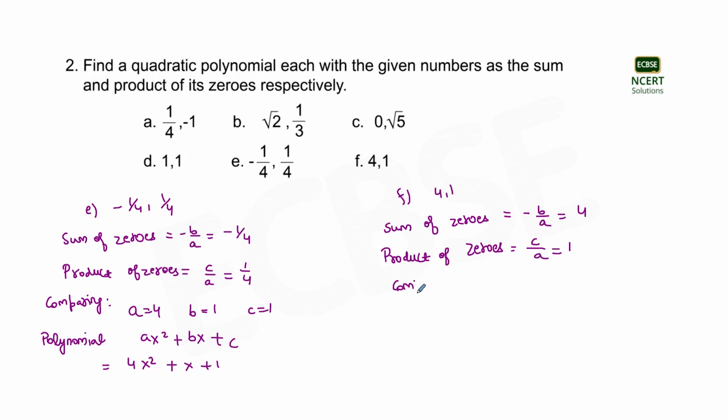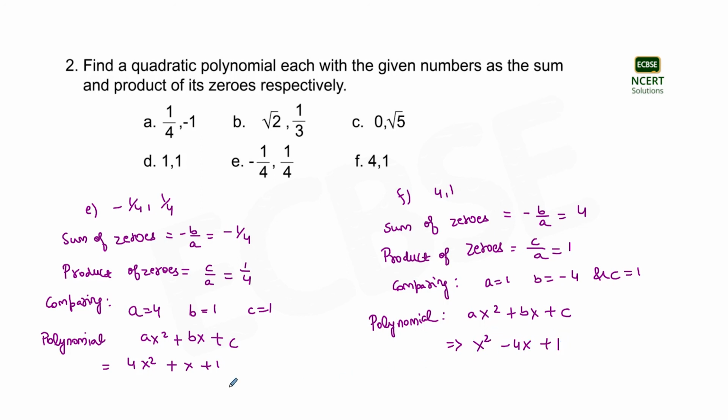So on comparing, we obtain a is equal to 1, b is equal to -4, and c is equal to 1. So the polynomial ax² plus bx plus c, putting the values of a, b and c in this, the quadratic polynomial is x² minus 4x plus 1.